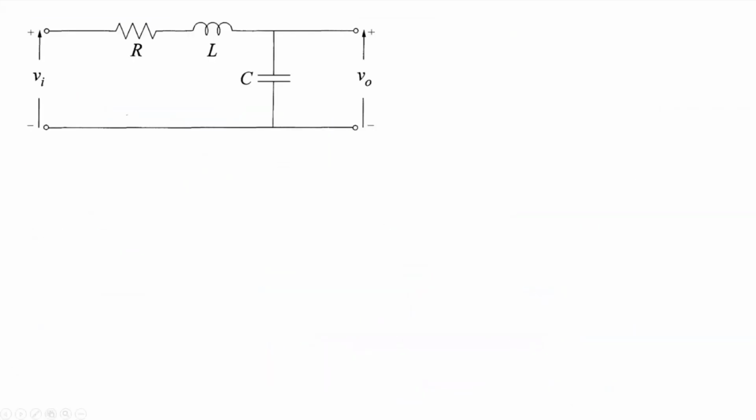So now let us consider one small example and do the modal analysis on this. This is a small RLC circuit, having resistance, inductance and capacitance, and the output voltage Vo is measured across the capacitance C, and the input voltage is Vi, right?